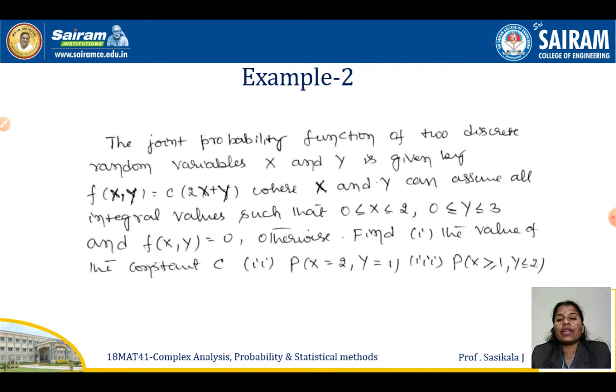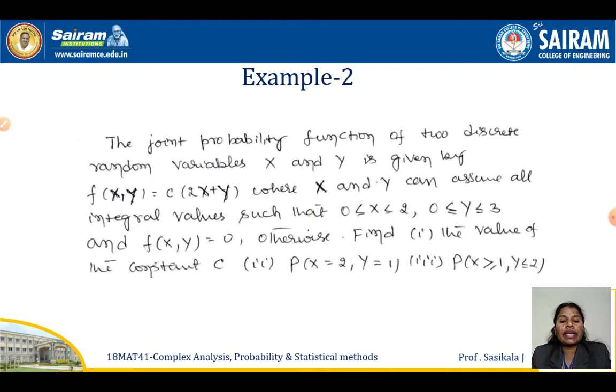Second example, what is that? The joint probability function of two discrete random variables x and y is given by f of x comma y equal to c of 2x plus y, where x and y can assume all integral values such that x varies from 0 to 2 and y varies from 0 to 3, and f of x comma y is equal to 0 otherwise.